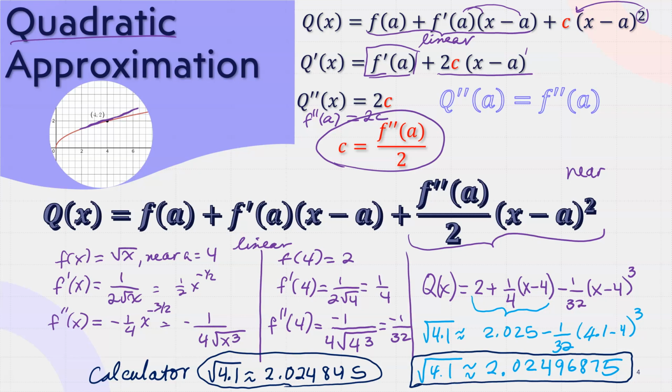So my question to you to ponder is, how far do you have to go to get to this value? Meaning, which polynomial approximation should you go to? What degree polynomial should you go to get to that value right there?